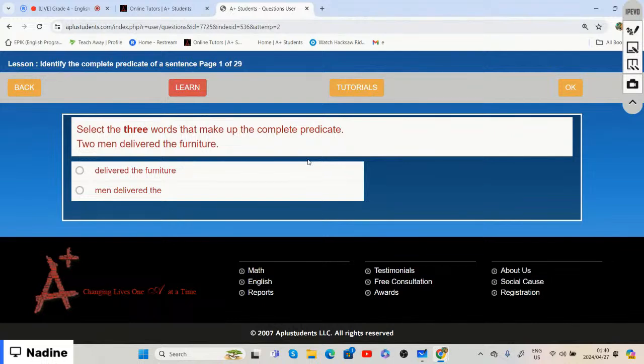Is it option one, delivered the furniture, or option two, men delivered the?